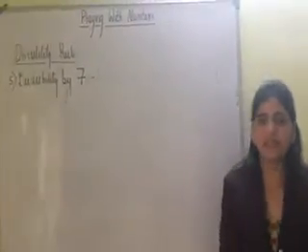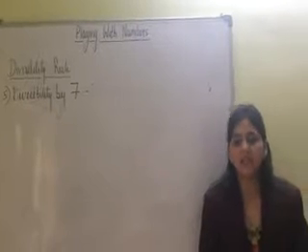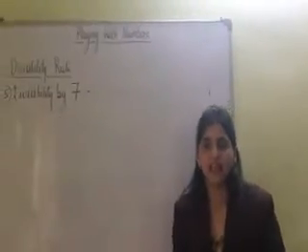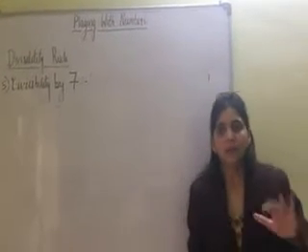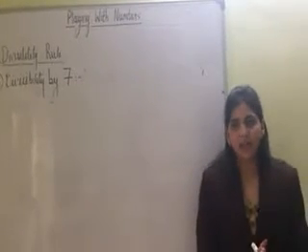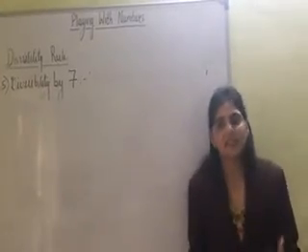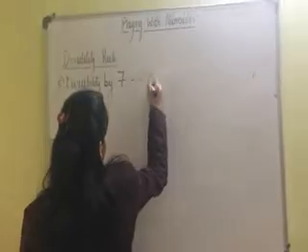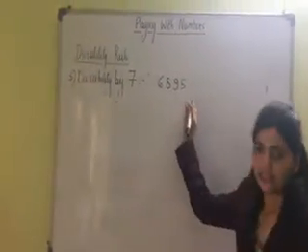A number is divisible by 7 if the difference between double of the digit at the one's place and the number formed by the remaining digits is divisible by 7. Take this example, 6895.